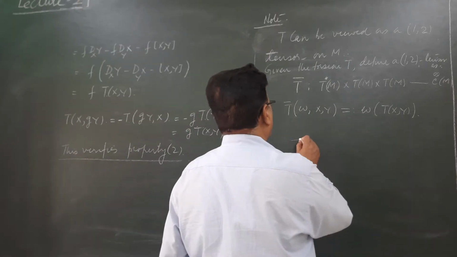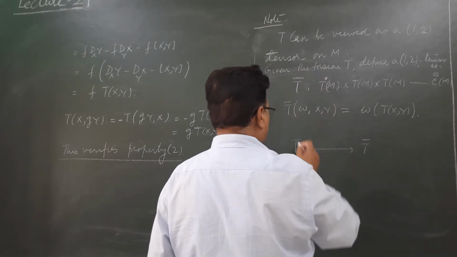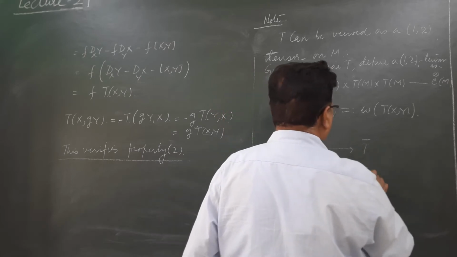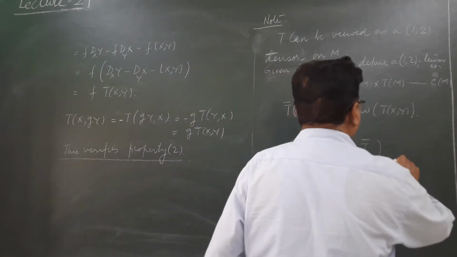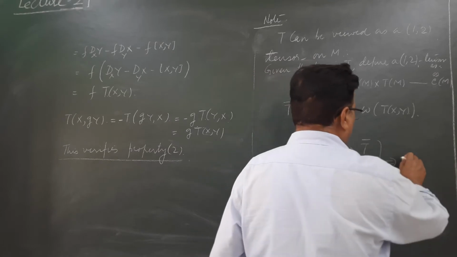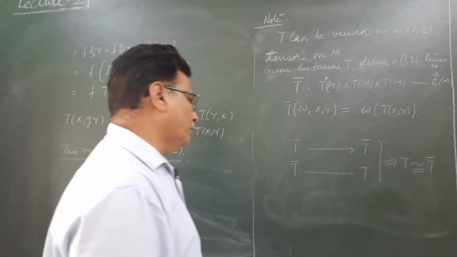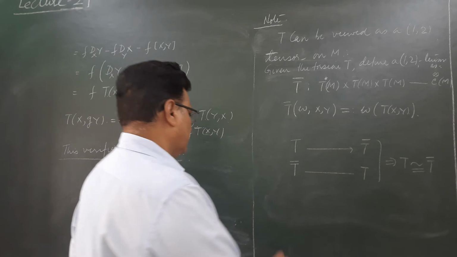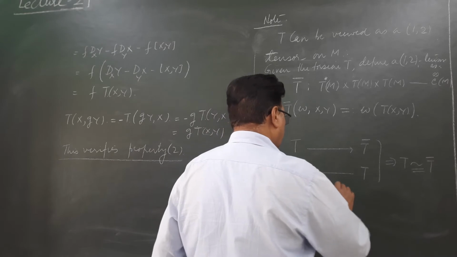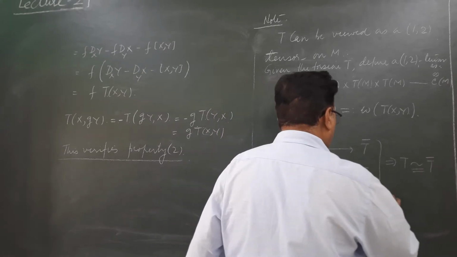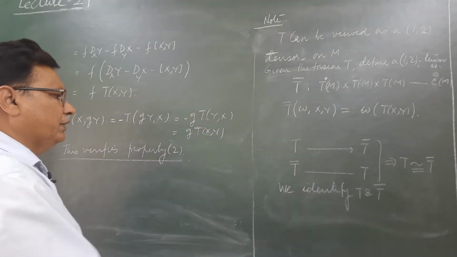So what we do, we identify T with T bar, and therefore by the abuse of language we call T a 1-2 tensor.